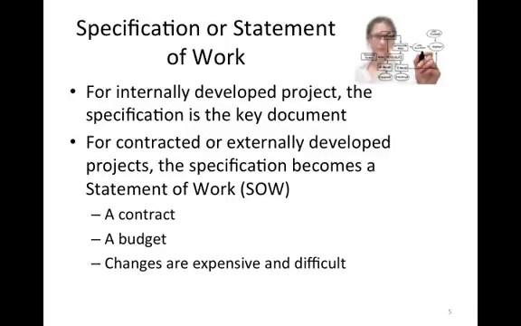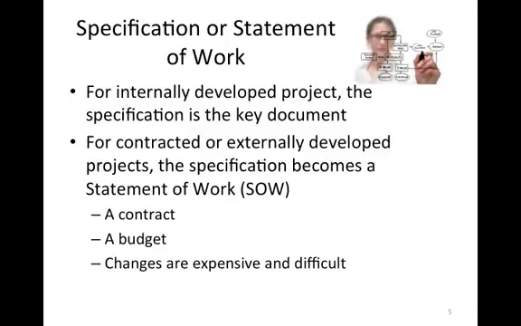When we contract externally with a consulting agency or a software development organization to develop our systems, this statement of work, this specification, becomes a contract. Any mistakes, anything that isn't clear, causes significant problems.